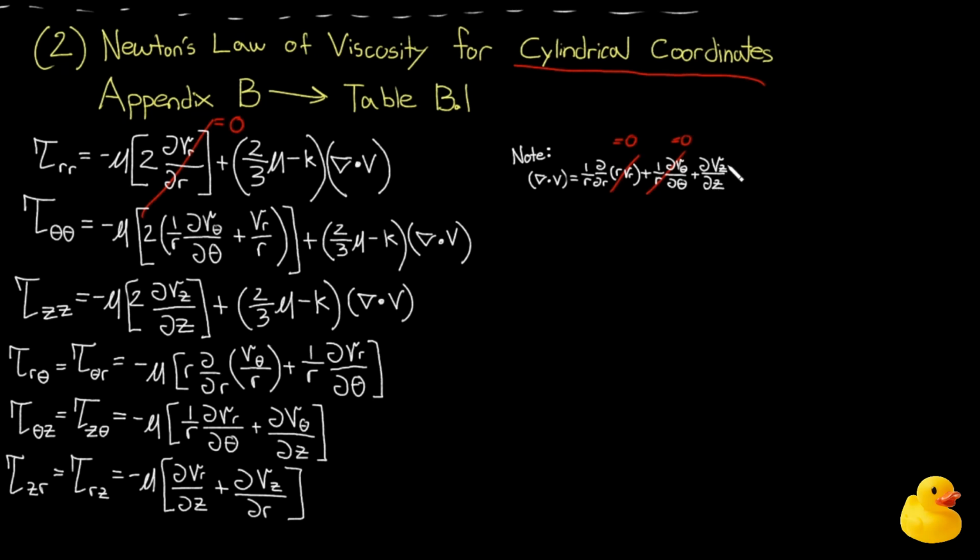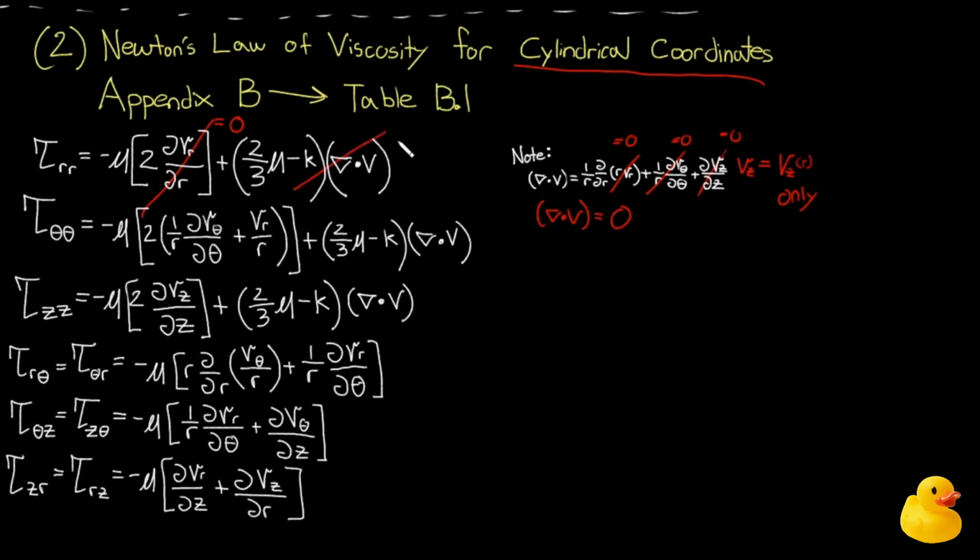Remember, we said it only changes on the radial. So that equals 0 because v sub z is a function of r only. So this means now that the entire thing del dot v equals 0, and that really simplifies a lot.